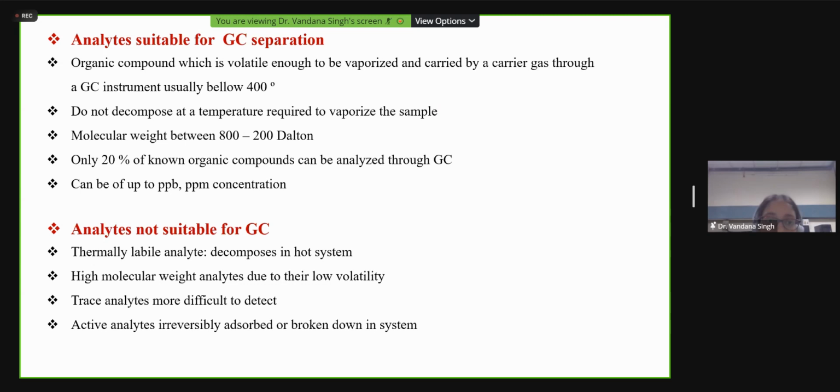Now we will come to the column part. So columns are also of different types, like packed columns or capillary columns. So what is the packed column?